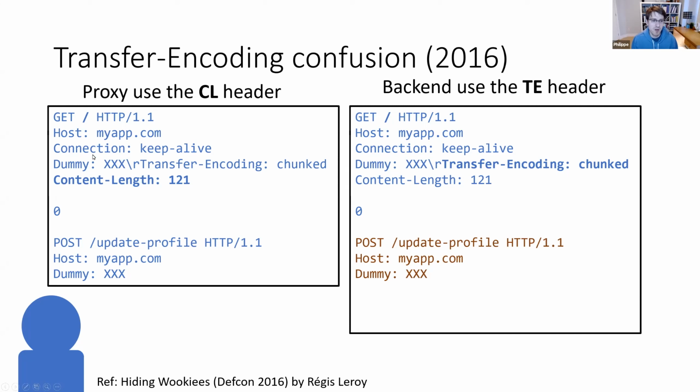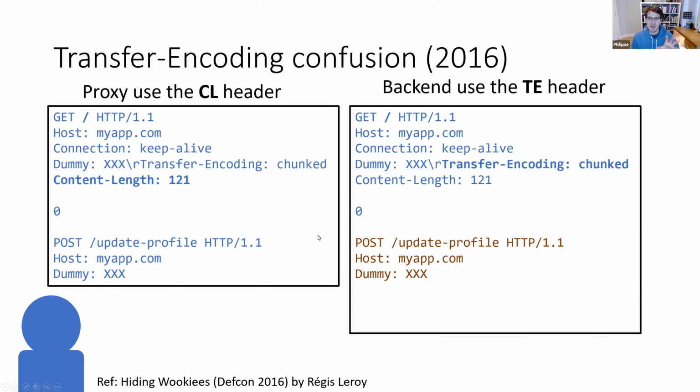So the proxy will be using content length here because it doesn't see the transfer encoding header, because there's just a \r, so it just seems to be a header value for the dummy header. So because it's 121, it will grab all the rest of this byte stream as the POST body. So here, instead of a GET request, it should have been a POST request. So this is a small mistake.